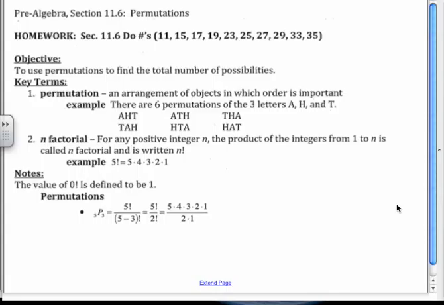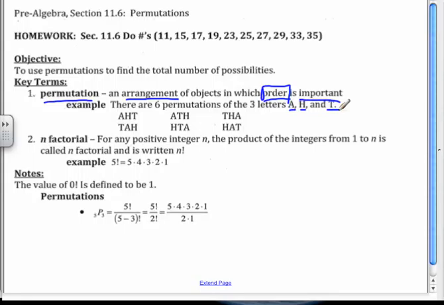But first, we see a permutation is an arrangement of objects in which the order is important. Order matters, okay? So for instance, if we had three letters, A, H, and T. Now when I talk about a combination, I only have one combination, right? I've got three letters, A, H, and T. But when I start talking about the permutations, that means what order I can put them in.